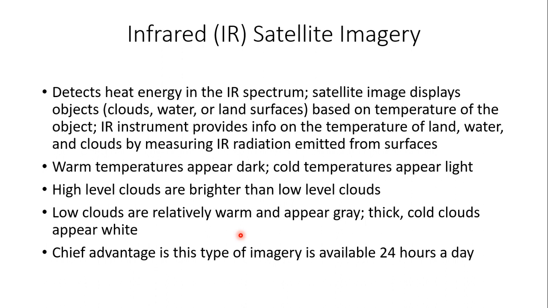So you get a very tall, vertically growing cumulus cloud in the summertime, towering cumulus becoming a cumulonimbus, a thunderstorm cloud. On IR imagery, those particular clouds are going to stick out and appear much brighter and whiter as compared to lower clouds. The chief advantage of IR satellite imagery is simple: it's available 24 hours a day.